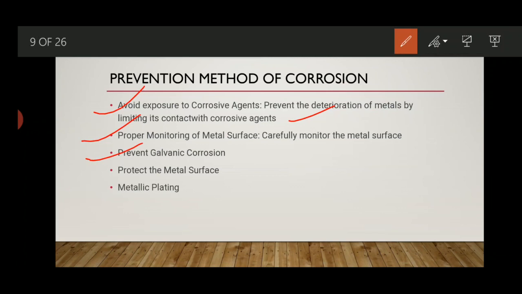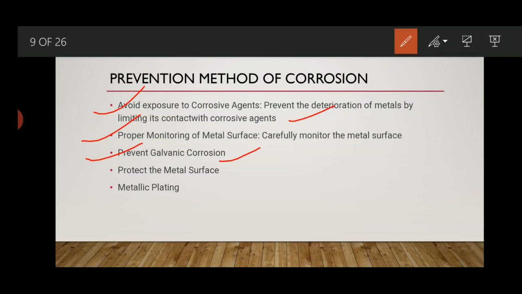Galvanic corrosion means we have to prevent it. Galvanization is a process in which we apply a zinc oxide coating over the surface of the metal. What happens exactly? Some metals undergo galvanic corrosion. Okay, by this they just get corroded. In order to prevent this, what do we have to do?